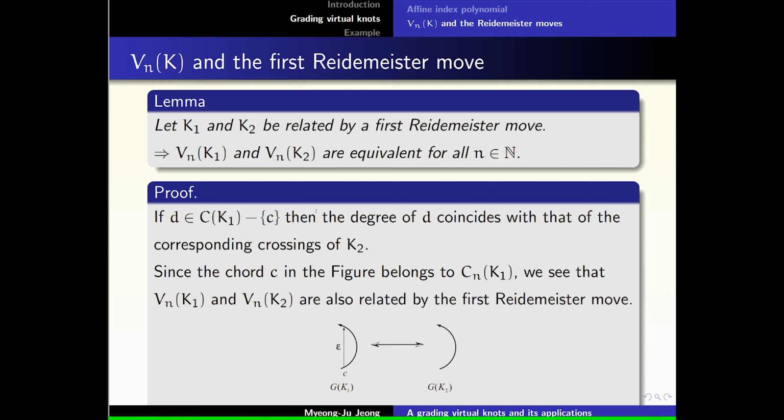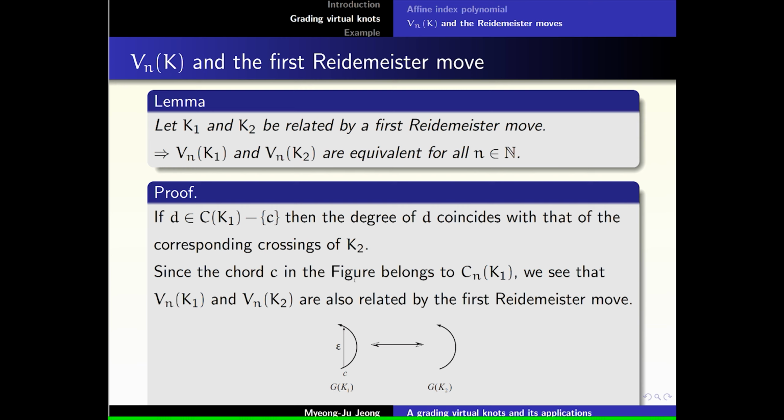If D is a crossing of K1 distinct from C, then since the chord does not intersect with any other crossing, we can see that the degree of D in G K1 and G K2 are the same.